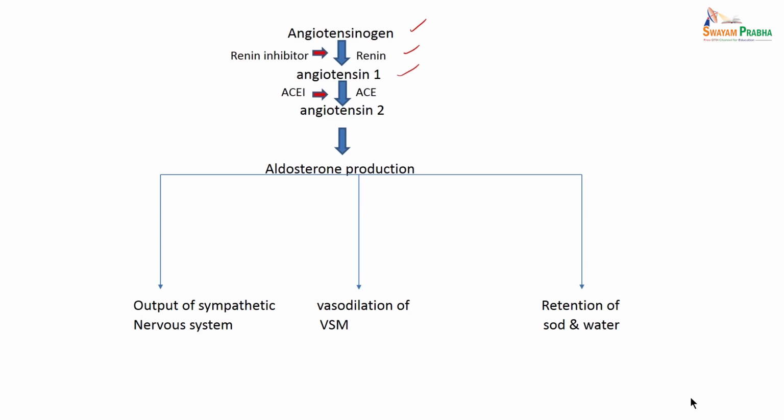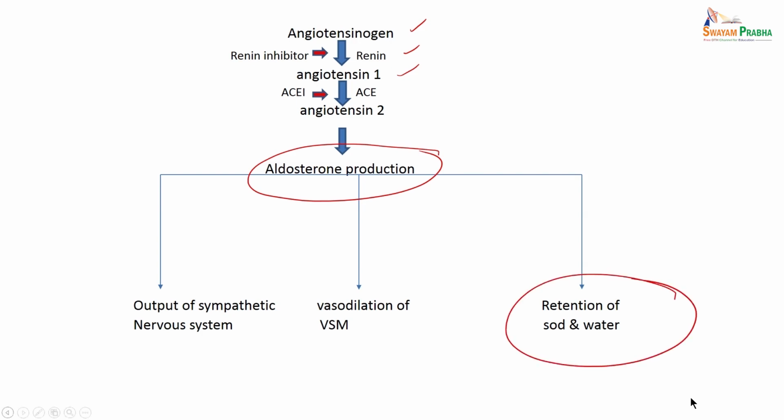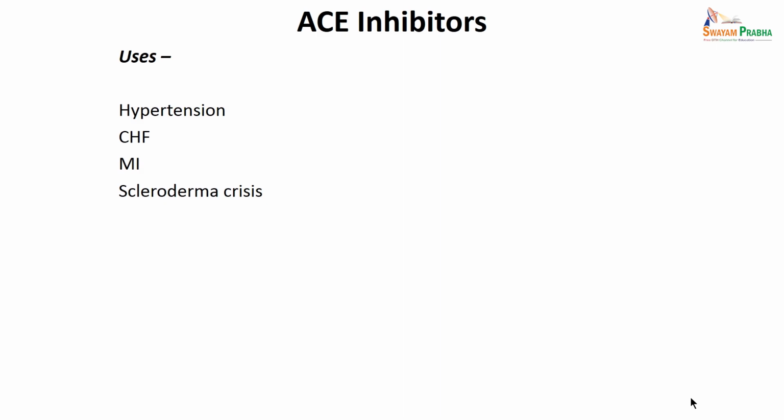At the same time, if aldosterone production is decreased, then ultimately the output of sympathetic activity is decreased, it causes vasodilatation, and it also interferes with the retention of sodium and water. So, that is how ACE inhibitors are potent antihypertensive agents.